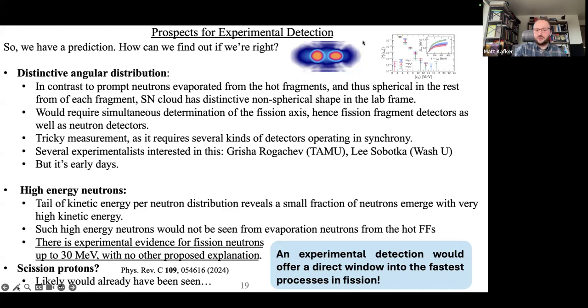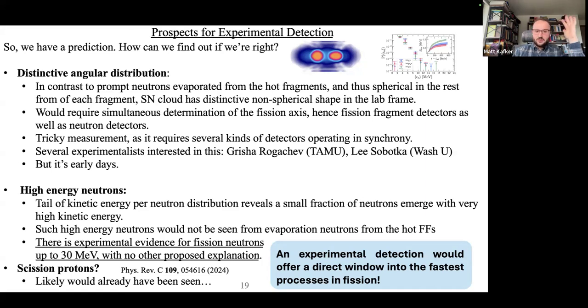So one of them is this distinctive angular distribution. So I have this snapshot from before. We have the ring-shaped cloud around the fission axis, and we have the longitudinal emission in the lab frame. And then we have, as a separate process, the fully Coulomb accelerated fragments, which evaporate neutrons isotropically in their rest frame. So these two things should, in principle, look different from the point of view of a detector.